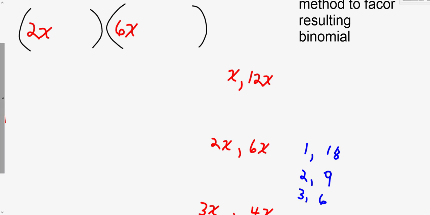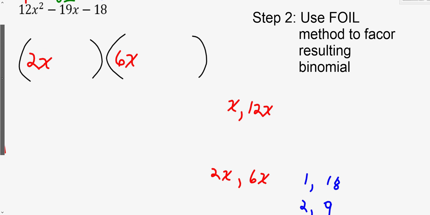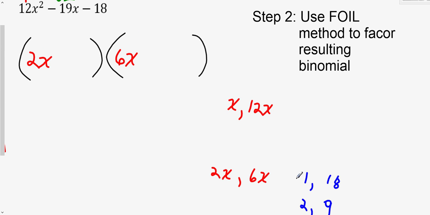All right, so remember our goal here. If I try the 1 and the 18, 18 would not be able to go in either one of these parentheses because 18 has a common factor with 2 and 18 has a common factor with 6. So 1 and 18 is automatically out. Let's try 2 and 9. The 2 would not be able to go here because there's a common factor.